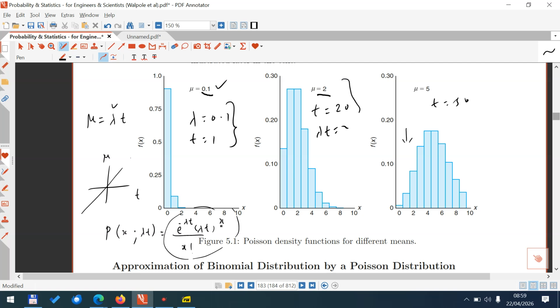But we did establish before that the number of occurrences is proportional to lambda t. You can only say that about the mean number of occurrences. If you replace the mean number of occurrences by the number of occurrences, then you have to use x.